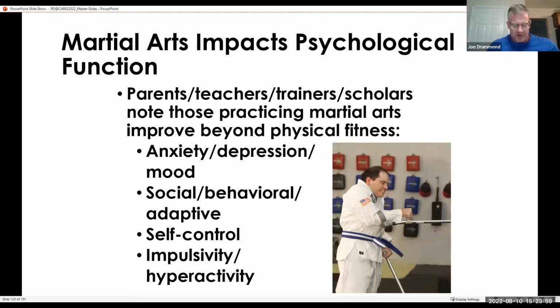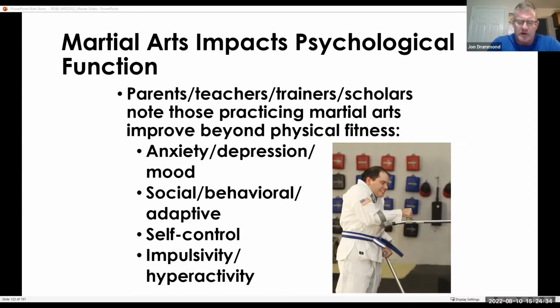So let's look at aspects of psychological function that have been empirically observed to improve via martial arts participation and beyond just aspects of physical fitness. And I don't want to discard those improvements in physical fitness, but I do want to say here that physical fitness is also a consideration beyond the focus of this presentation and is a vital outcome for those in the autism spectrum disorder population, given accelerated rates of obesity, associated health decrements, and shortened lifespan that we see in the autism community.